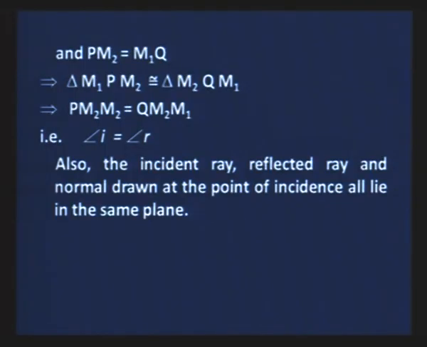So, we apply here the Huygens wave postulates and we can say that these two triangles are similar, in which angle of incidence is equal to angle of reflection. One important point is also that the incident wave, reflected wave and normal drawn at the point of incidence all lie in the same plane. These two points are called the laws of reflection.